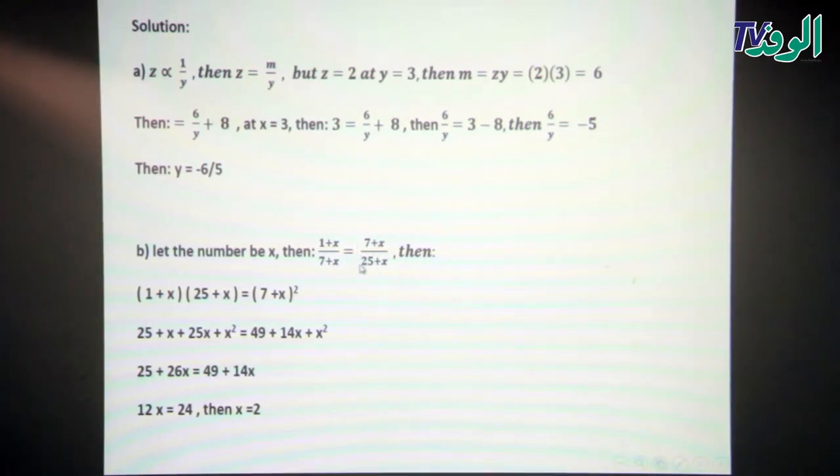Using cross multiplication, this times this, 7 plus x with 7 plus x gives 7 plus x to the power of 2.